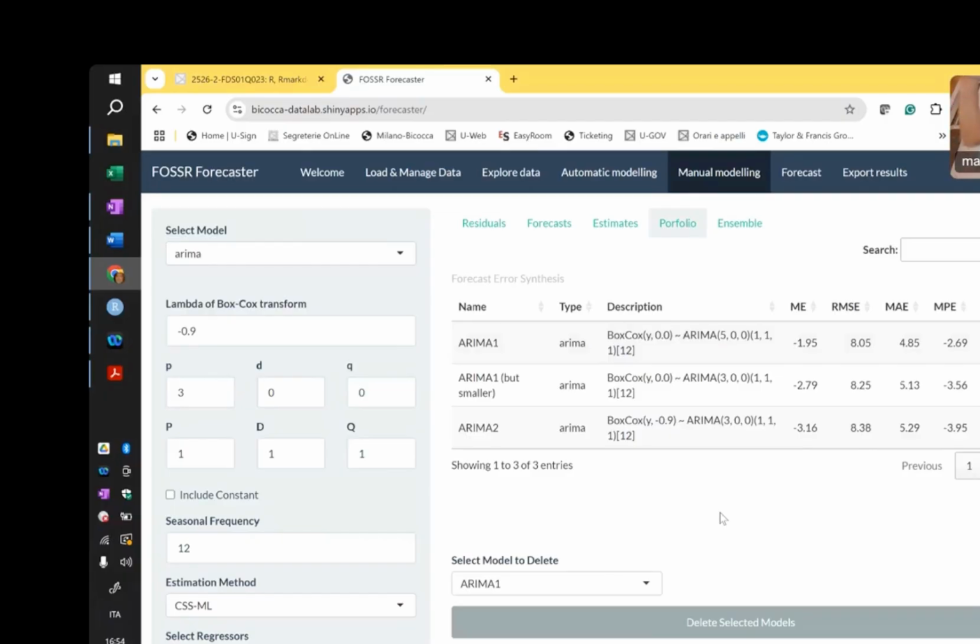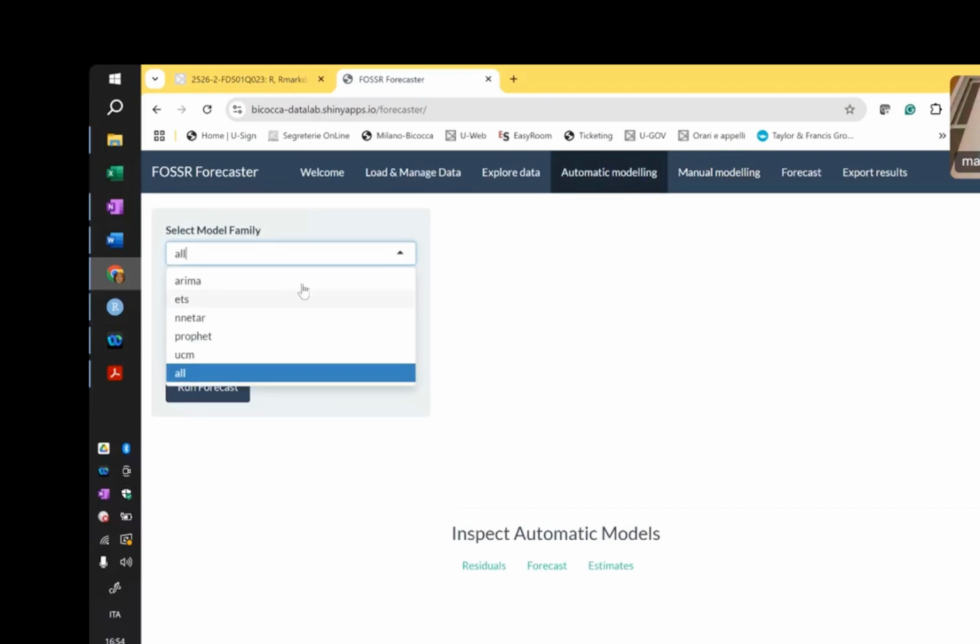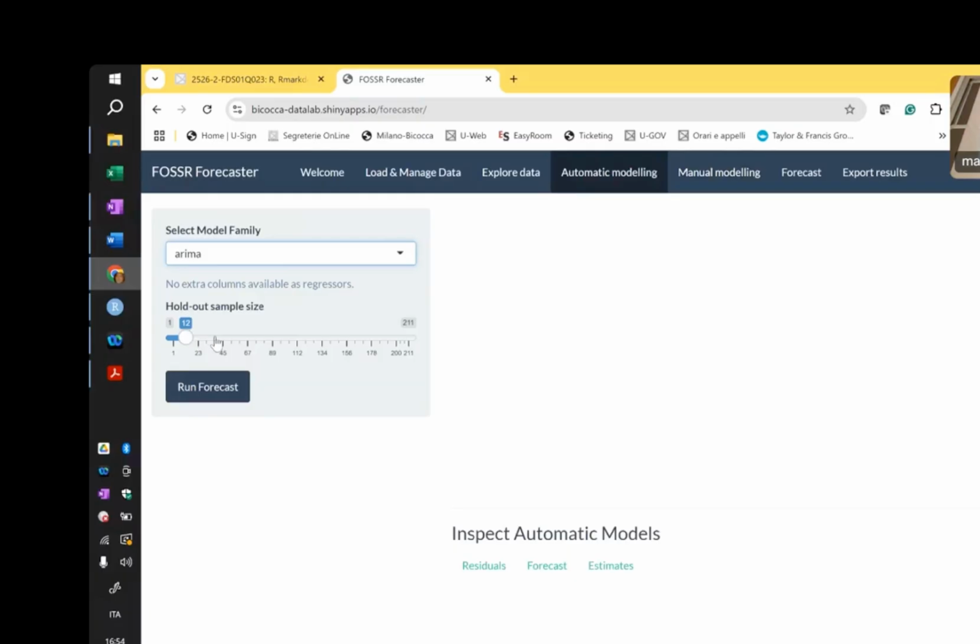What about automatic fitting? As I told you, at the moment I still have to fix a little bit the fact that this is like a separate part. But if you go on automatic modeling and pick ARIMA, and of course select the same holdout sample, so 64, now just running the auto ARIMA, which I think we can beat pretty easily.